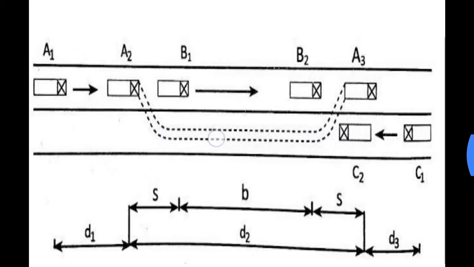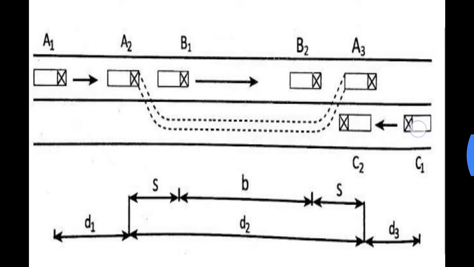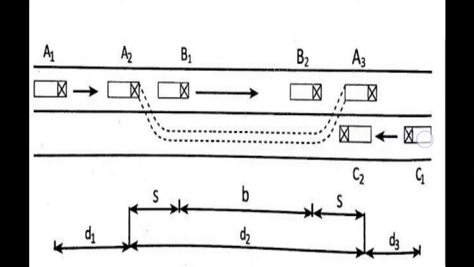Vehicle C is also moving, so it would also travel for some distance.